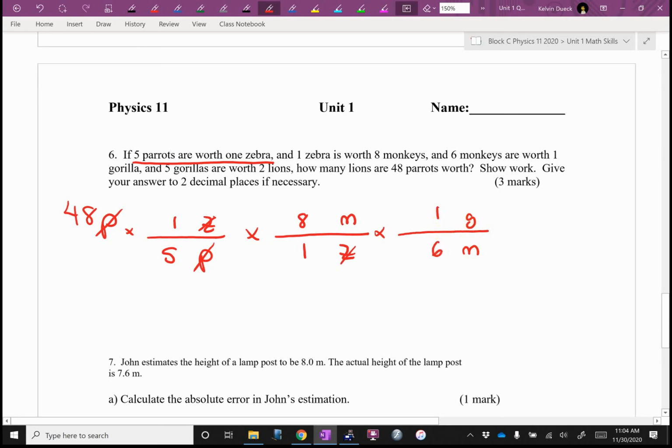Since that 6 is on the bottom, I'll end up dividing by that. Since the 8 in the previous fraction is on the top, I'll multiply by that. And gorillas and lions, and apparently 5 gorillas are 2 lions. That should work, because everything canceled, and all I have left are lions on the top.